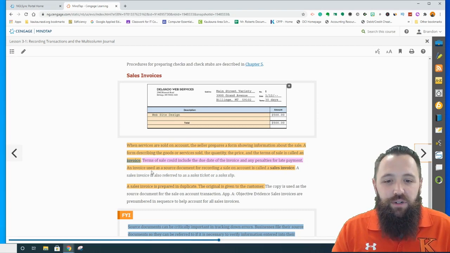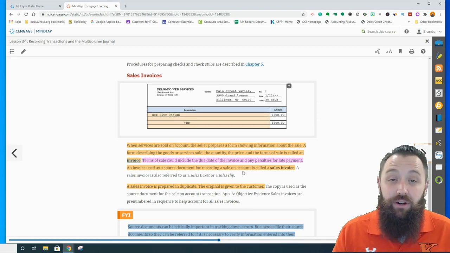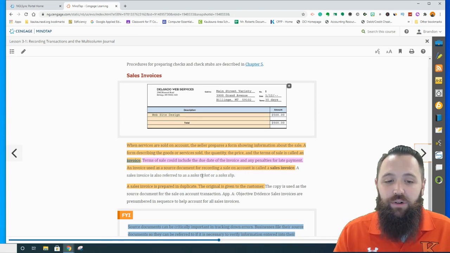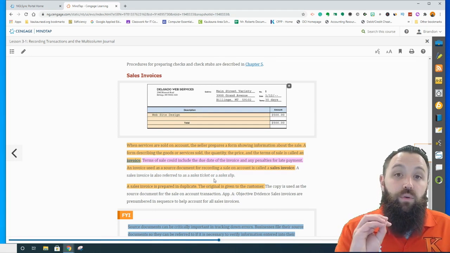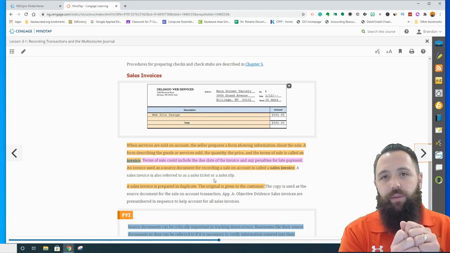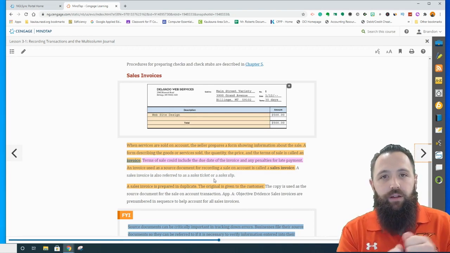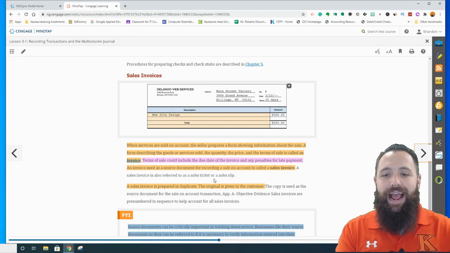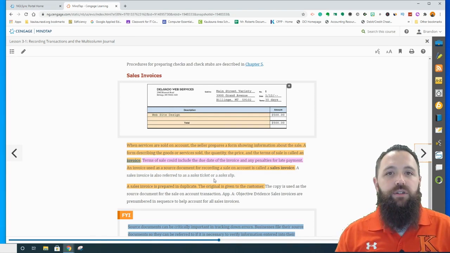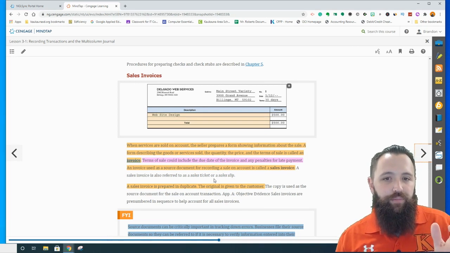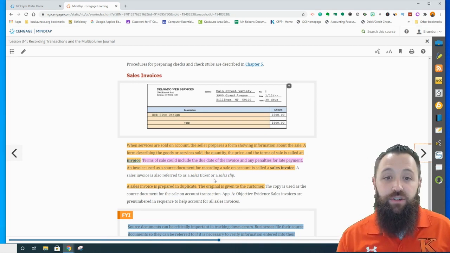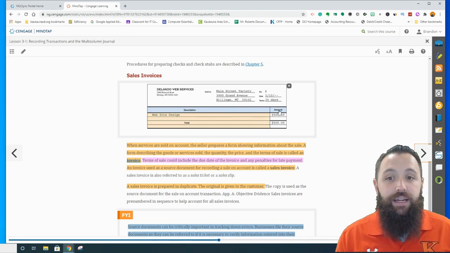So this is a very, very important document. An invoice used as a source document for recording a sale on account is going to be called our sales invoice. And this is going to also be referred to as a sales ticket or sales slip. When we create a sales invoice, it's usually going to have some kind of paper behind it, and we're going to record it in duplicate, meaning that the person that received the services gets it, and we also get a copy, so we can see that maybe Main Street Variety here still owes us $500, and in 30 days they need to pay us, and the exact date that we rendered those services.